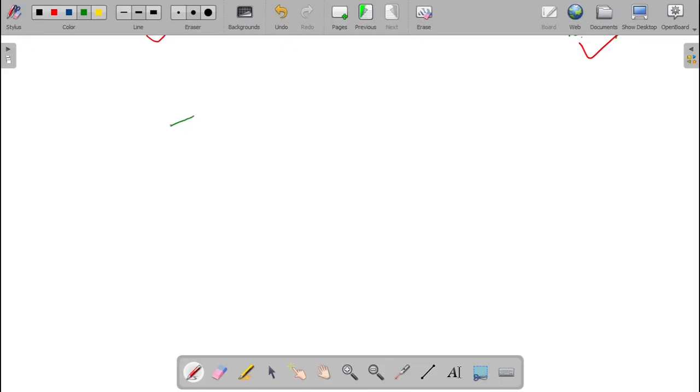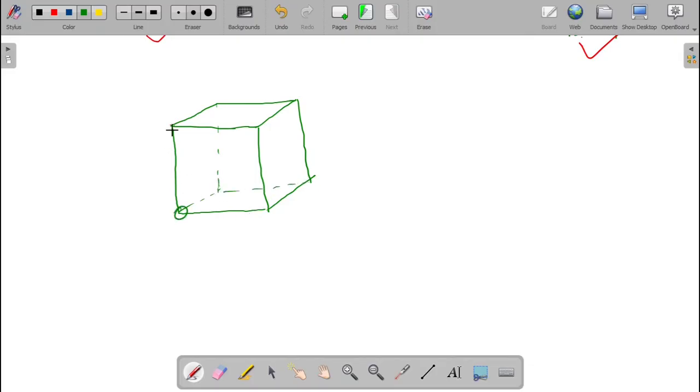So let's draw the face centered tetragonal. These are the atoms at the corners, and I have 6 atoms at the 6 different faces.